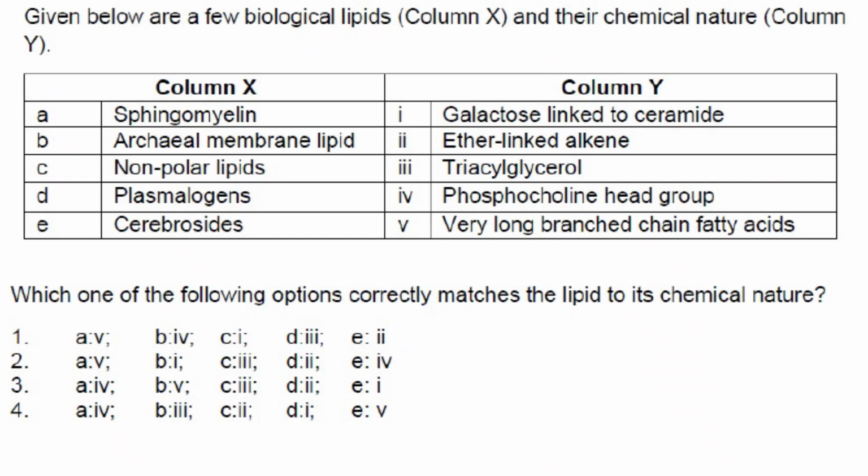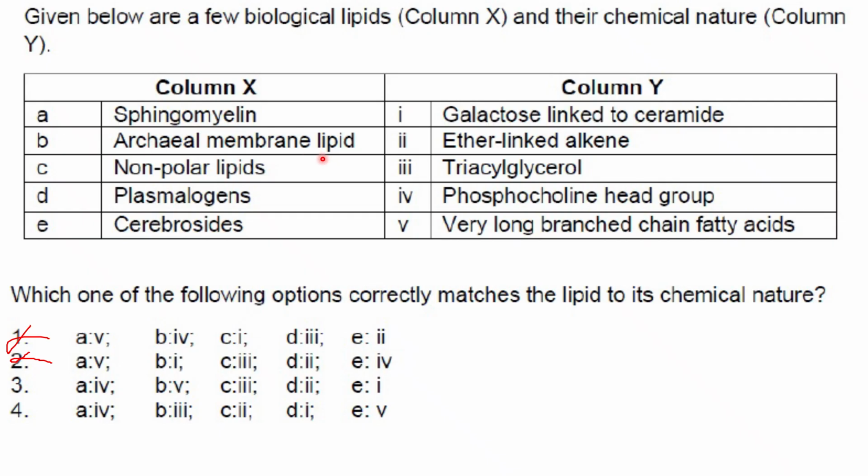Fine. Now come to the match the following. Given below are a few biological lipids in column X and their chemical nature in Y. So you have to match. Sphingomyelin has a ceramide backbone with a phosphocholine head group. So A4, that makes options 1 and 2 gone. 3 and 4 we have to see.